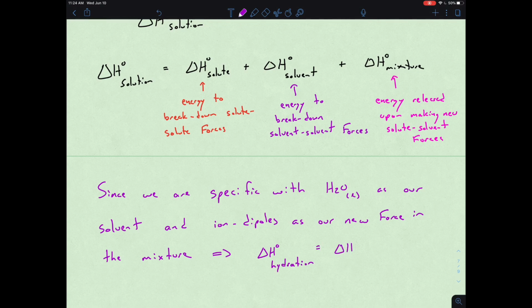And this equals our enthalpy of the solvent plus our enthalpy of the mix.